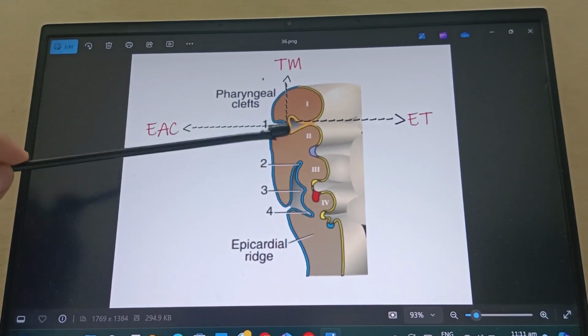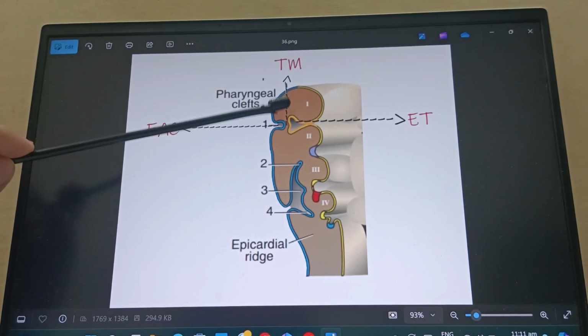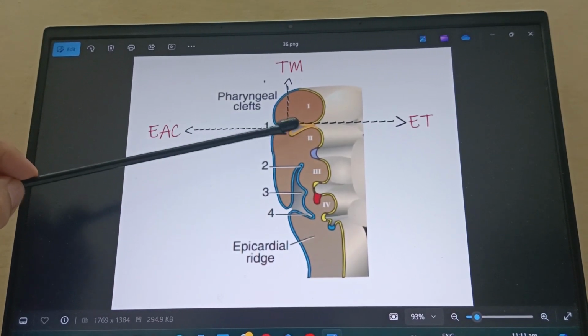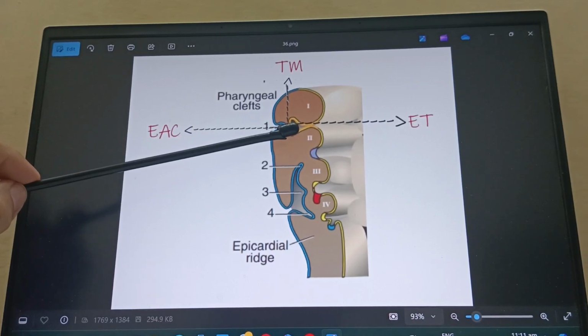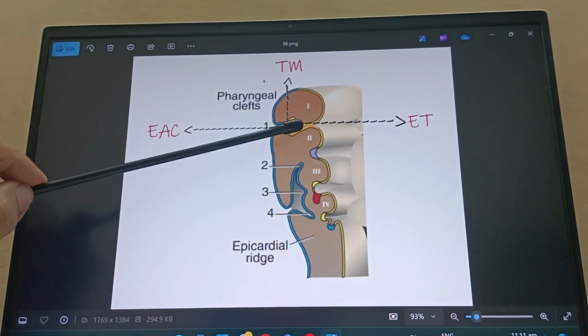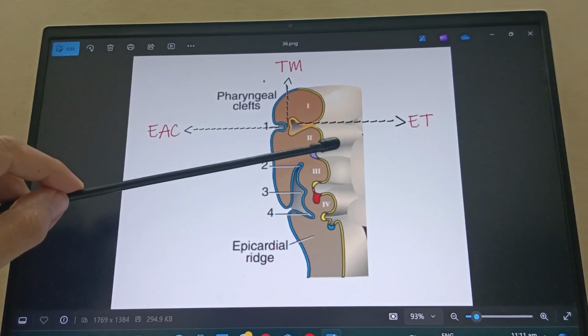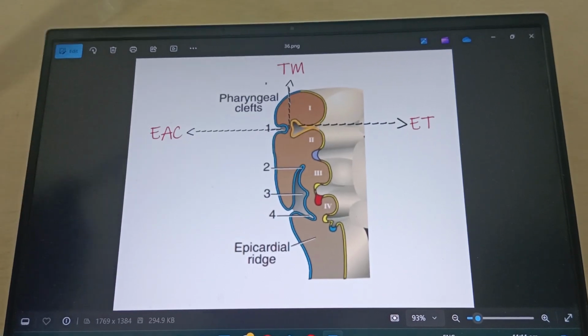An intermediate fibrous zone is formed by the mesenchyme of the first pharyngeal arch. Again concentrate that this first pouch is going to form the epitympanic recess that will be converted into the primitive tympanic cavity or middle ear, and it also gives rise to the auditory tube, if you can recall the pharyngeal apparatus.